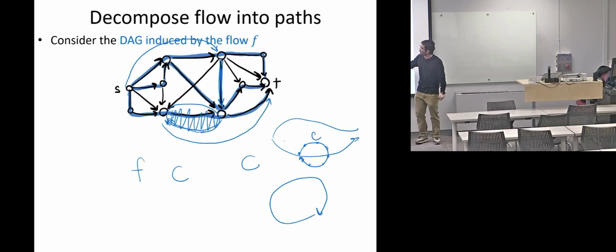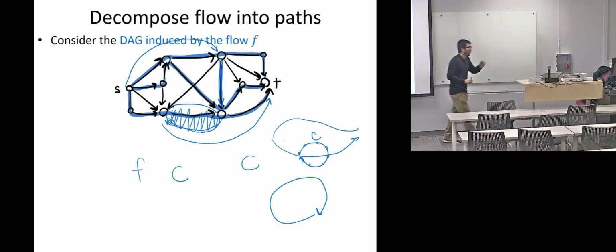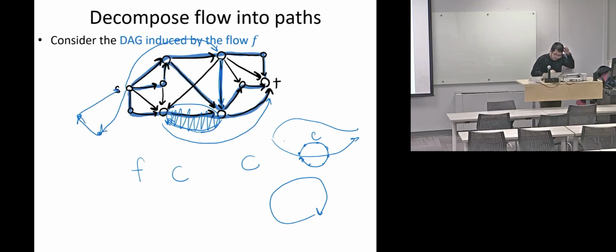But even if the cycle intersects S, let's say I have this cycle and I remove this cycle, then the total inflow and total outflow decrease at the same rate too.